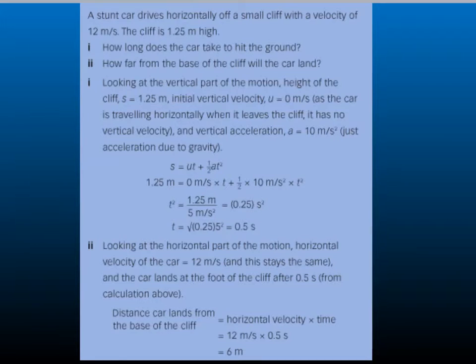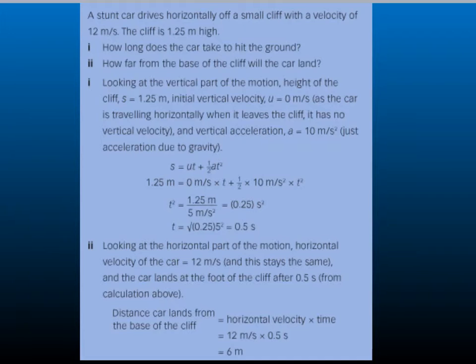Okay, and we are wanting time. So we have T, S, U and A. So the best equation for us to use will be S equals UT plus half AT squared. Now if we put our numbers in there and do a bit of rearranging, we get that T is 0.5 seconds.